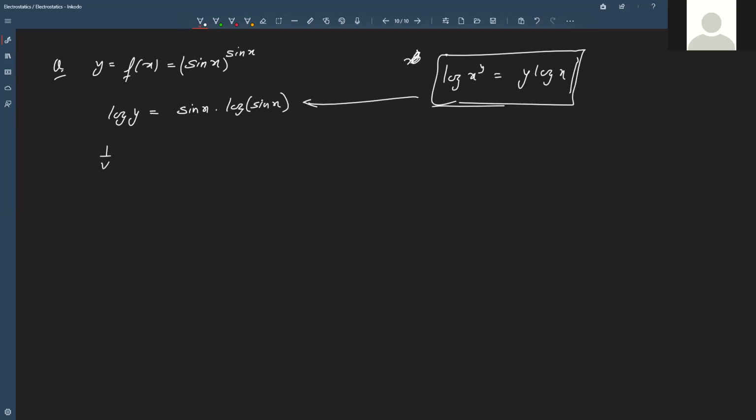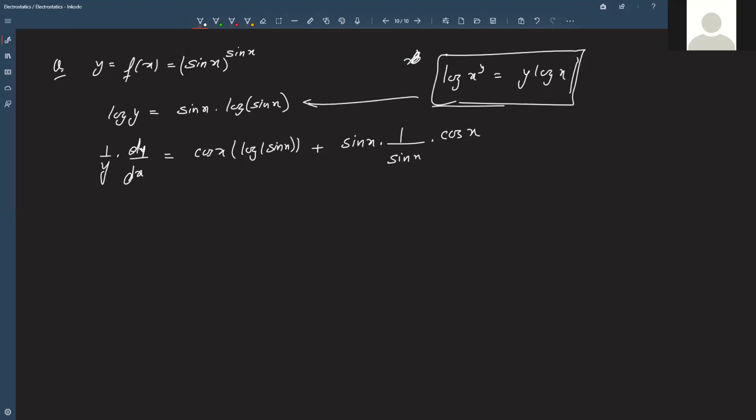So this becomes 1 by y dy by dx is equal to, you have to apply the UV formula. That is, first differentiate sin x, that is cos x, into the second function as it is. So that is log of sin x plus, now first function as it is, that is sin x, into differentiation of second function, that is 1 by sin x, because that is log of sin x, into differentiation of sin x, that is cos x.